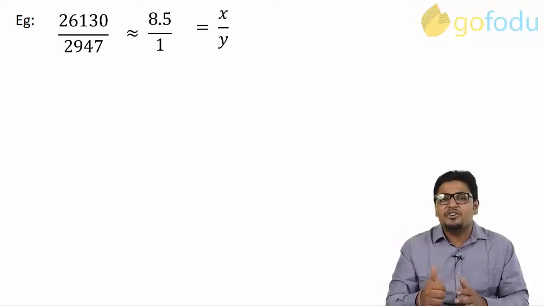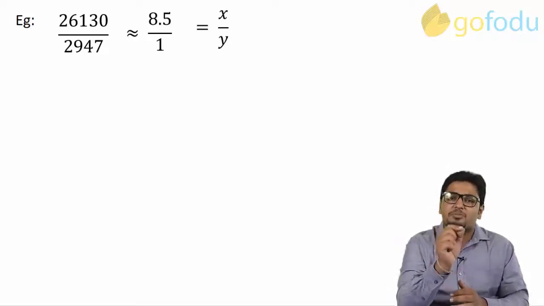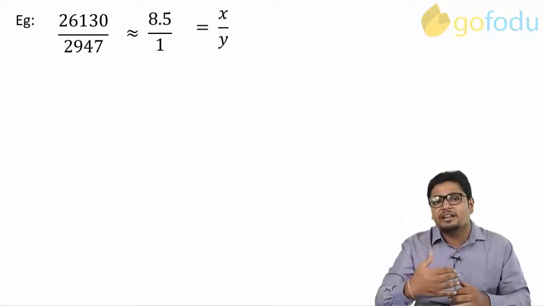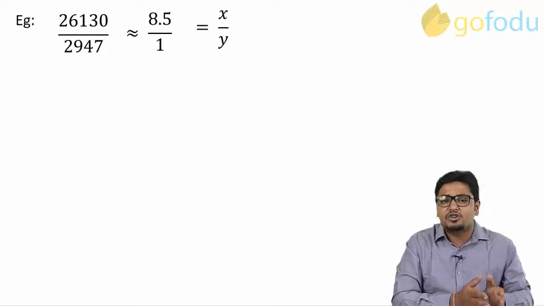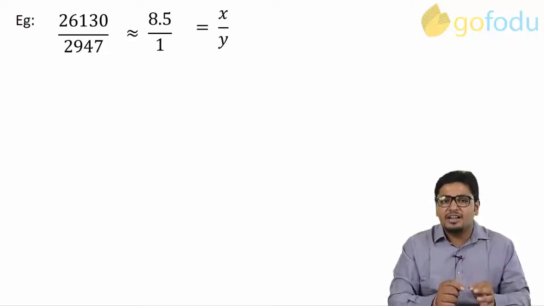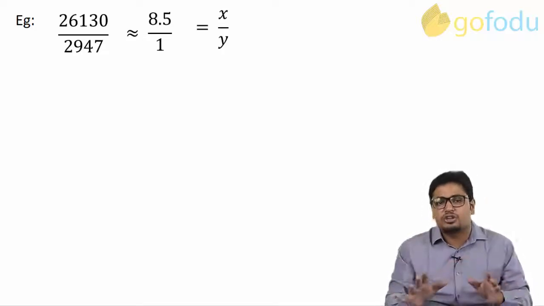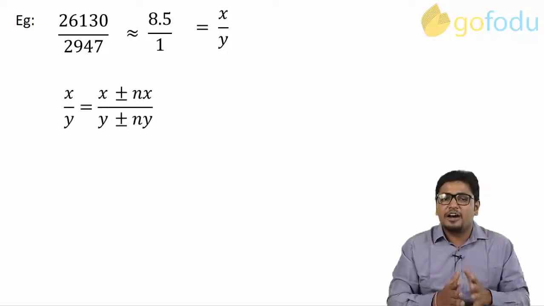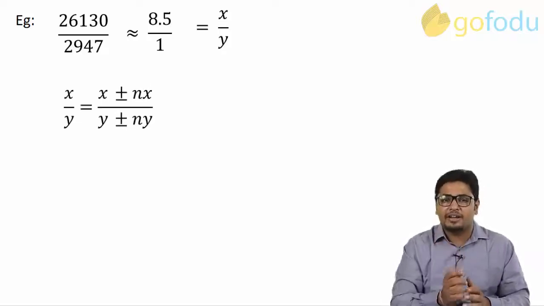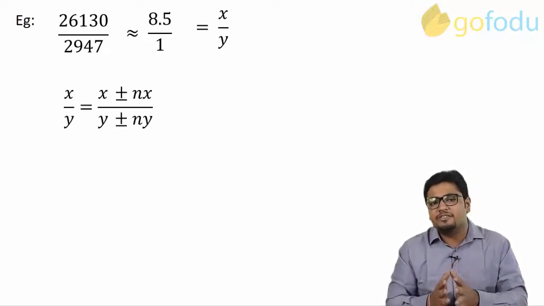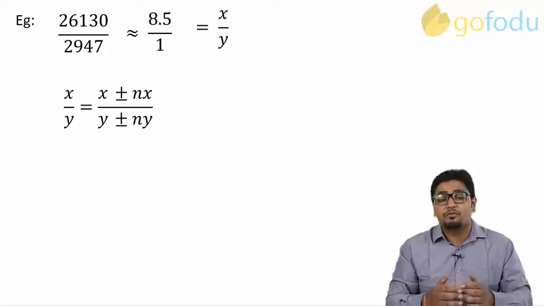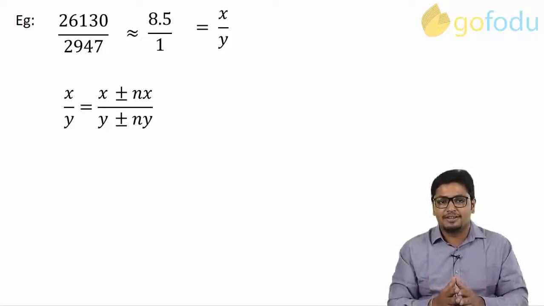Now, we have learnt in ratios that if a fraction x by y is given and you increase or decrease the numerator and the denominator in the ratio x is to y, then the value of the fraction does not change. You can see this here as well. If our ratio is x upon y, then we can very well add nx to the numerator and ny to the denominator without changing the ratio.